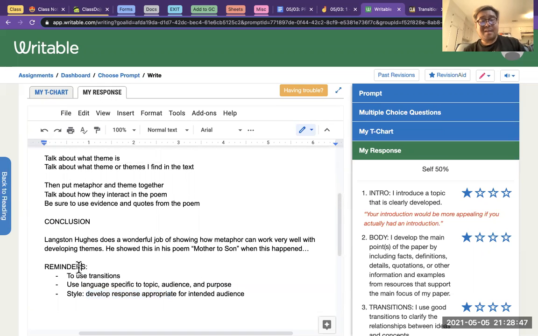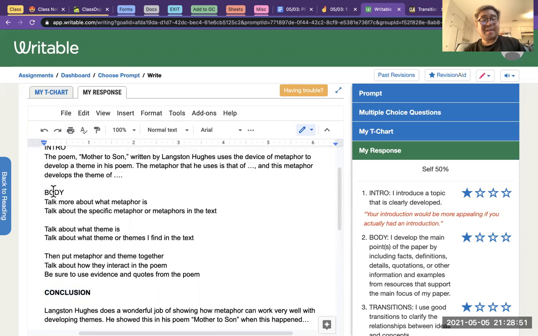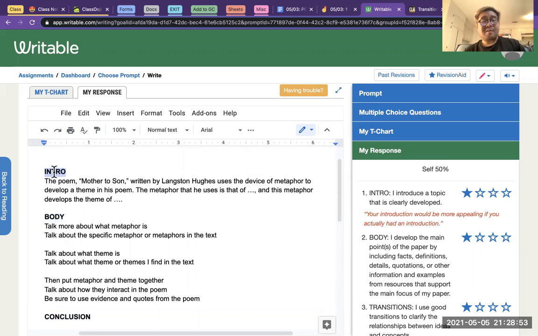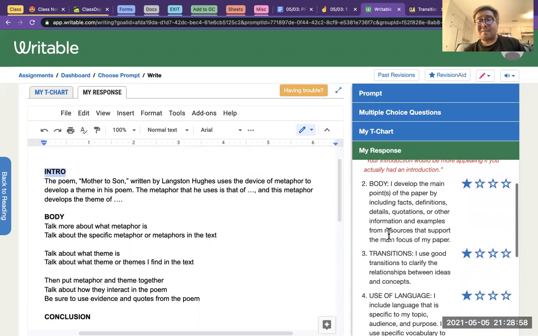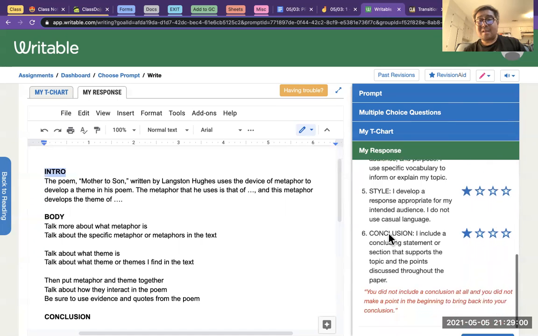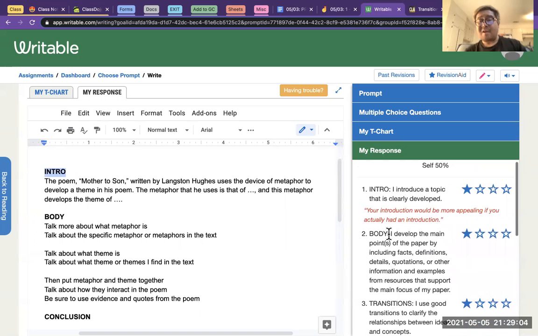Again, these things, the reminders, the conclusion, the body, the intro, I pulled right from here. This is the rubric that you will be graded on for informational texts on the state test. Okay? Guess what you have to do when you edit your document? You're going to take away these guideposts, right?